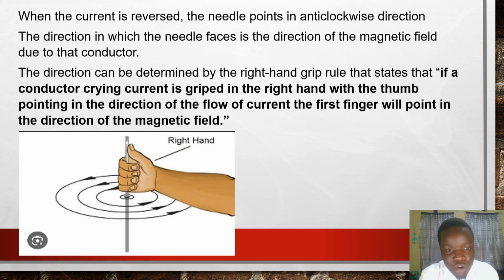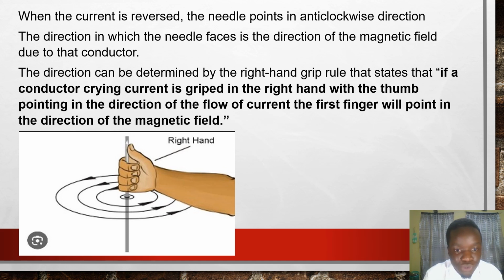In a scenario, you can be given a question with the arrow showing the motion of the magnetic field, and be asked the direction of current. Hence, using the right-hand grip rule, if the thumb is moving in the direction of current, you can easily use your right hand to determine the direction of current on that conductor.